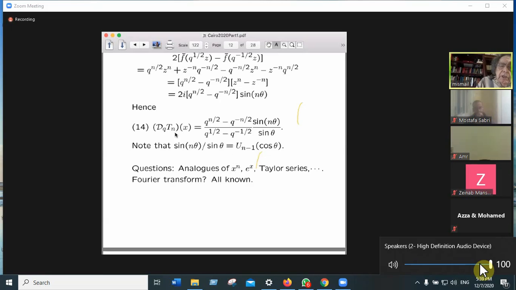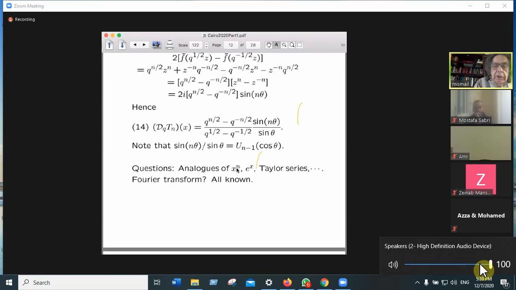So what I want is some function where if I act with the Askey-Wilson operator, I get something like this times the function at n minus 1. And there are three bases that would do this. There are three analogs of x to the n. One of them was found by Askey and Wilson. The other two, Dennis Stanton and I found over the years.